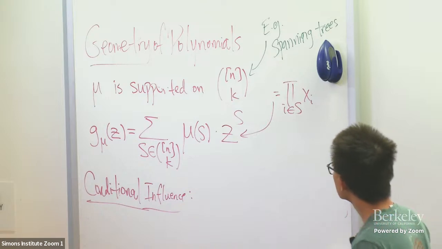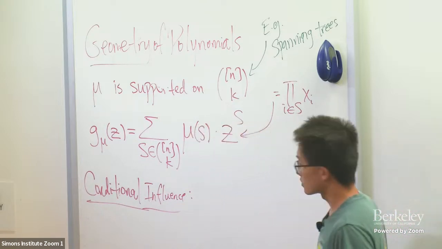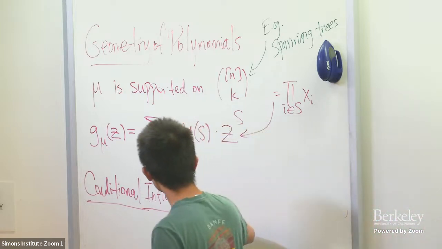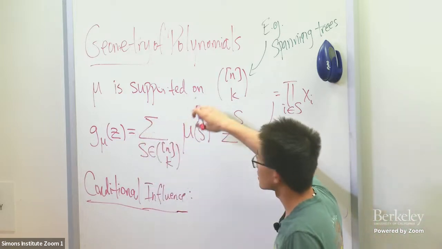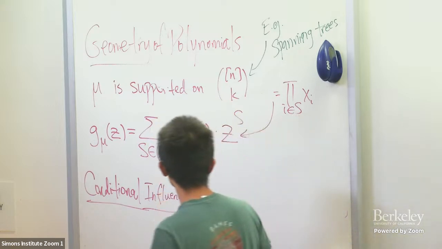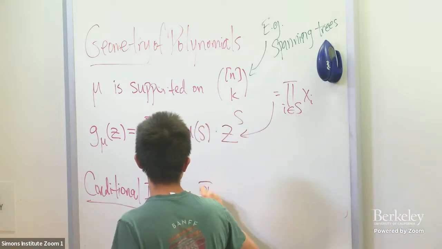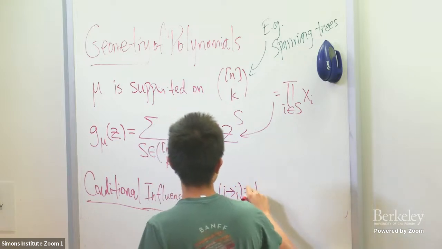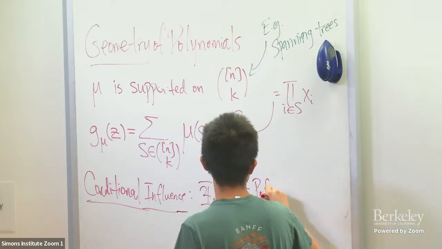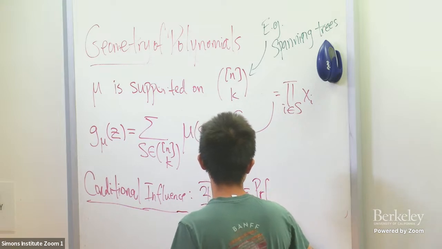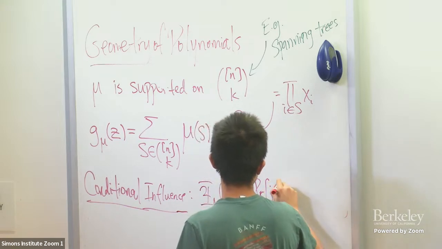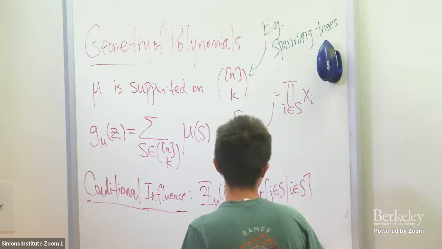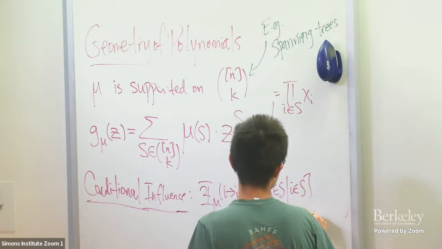Let me just remind you what the conditional influence, what spectral independence is. It's the analog for the fixed size situation. If I have two elements i, j, it's given by a difference of marginals: sample a set from my distribution mu, the probability that j is in the set given that i is in the set, minus the probability that j is in the set.